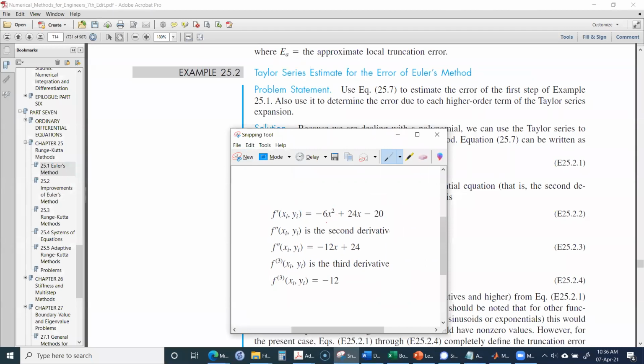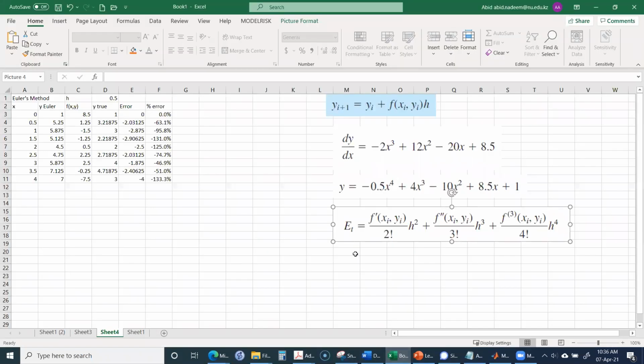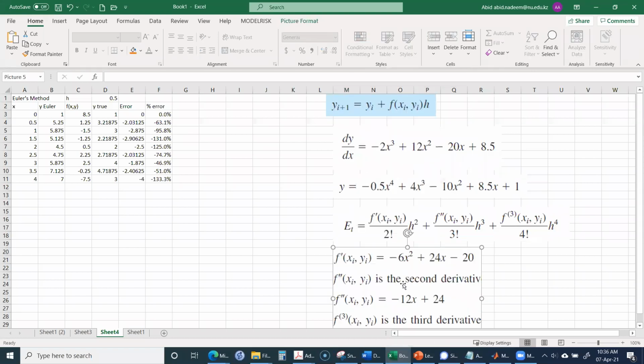Maybe we can now add these values over here. First, let's calculate the f prime xy. It is the same example which we are continuing to find the local error. For finding the local error, first we need to find the f prime xy, and then we will put f prime, f double prime, f triple prime into this equation, and then we can find these errors.